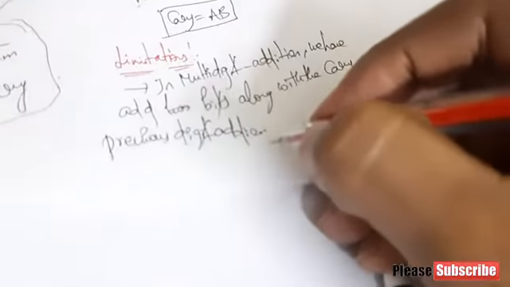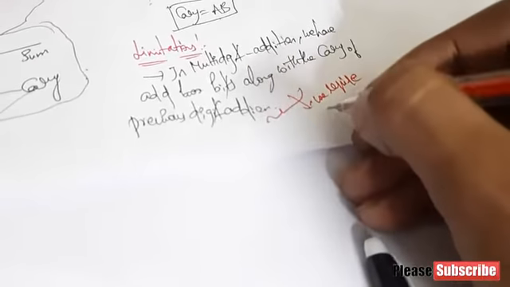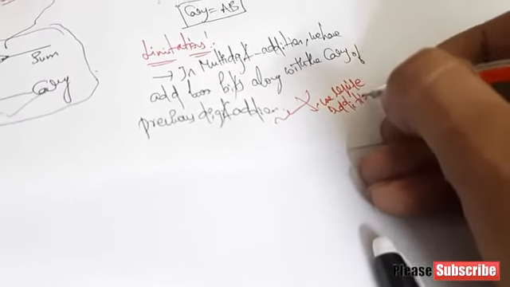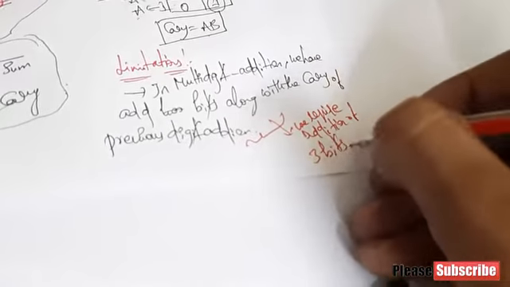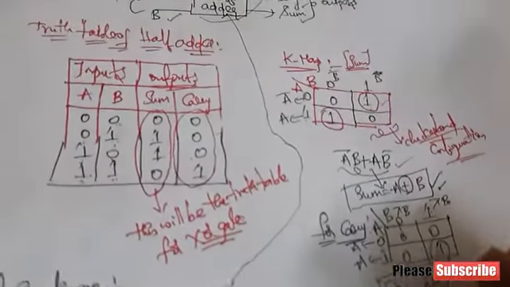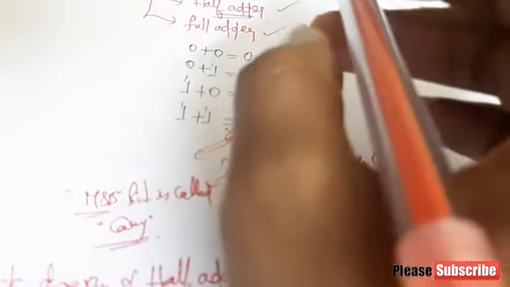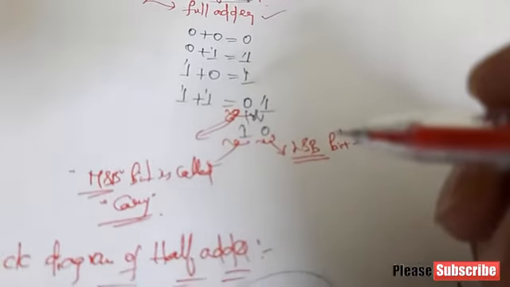That means we require addition of 3 bits. Hence, in practicality, we can't use this half adder for practical purposes. In real-time applications, we will mainly focus on and use the full adder only.